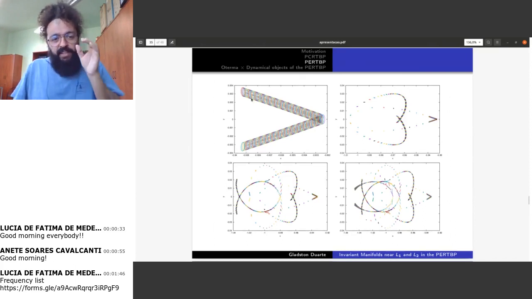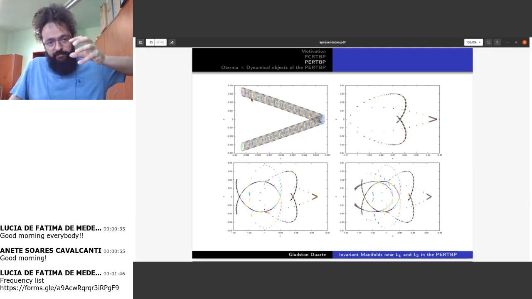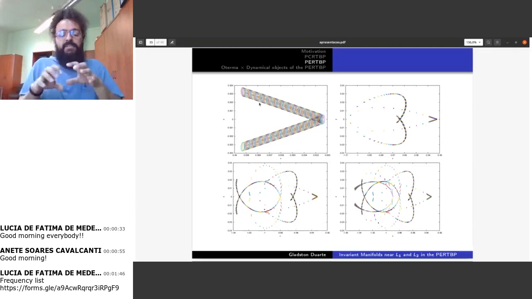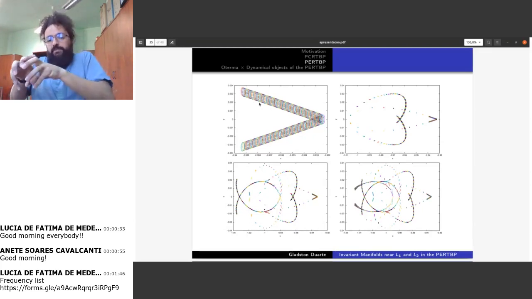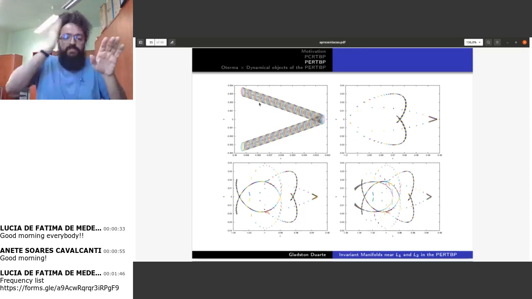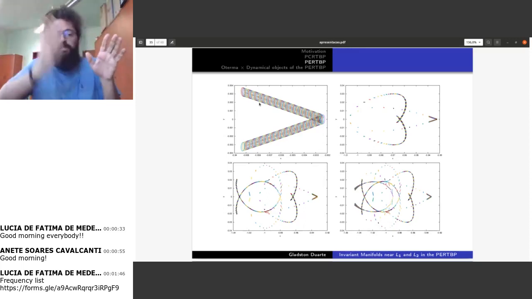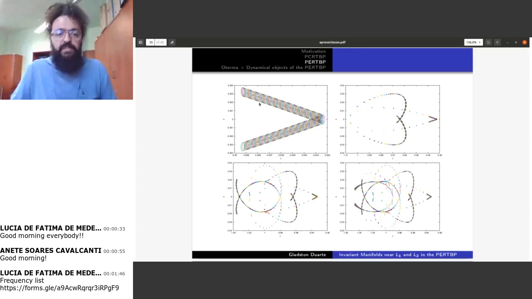Pay attention that it's like small circles. What happens is that you have your manifolds and we are computing some slices of it. These circles are some slices of this manifold.